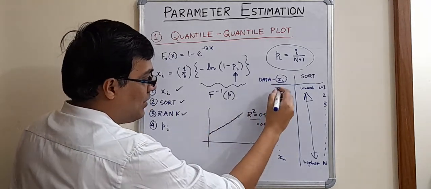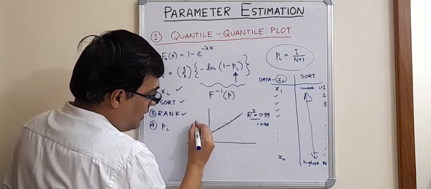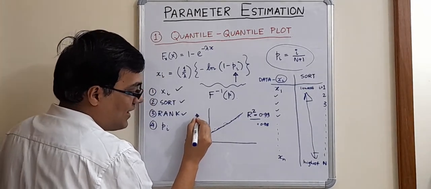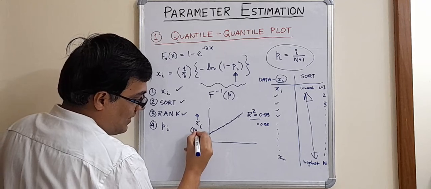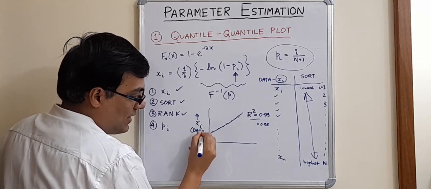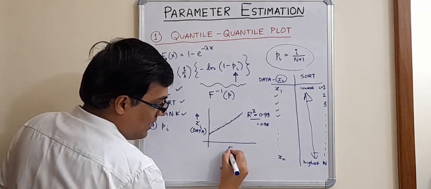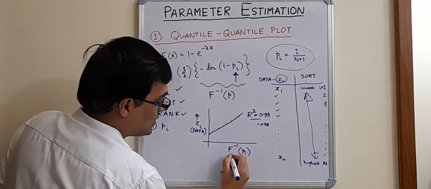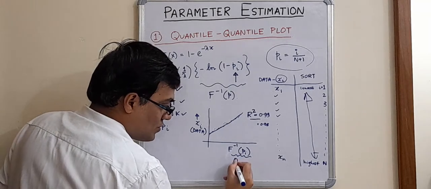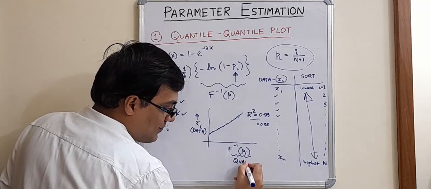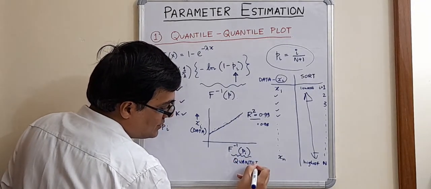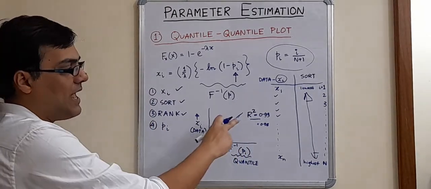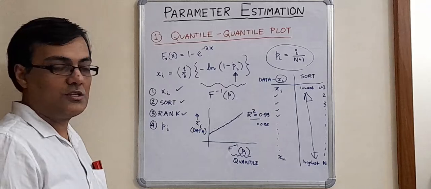You have to remember, this is a little weird, a slight abuse of notation. Your y-axis is actually xi, which is your data, and your x-axis is F inverse Pi, which is the quantile. The assumption is that a linear relationship exists between the data and the quantile, and this is plotted.